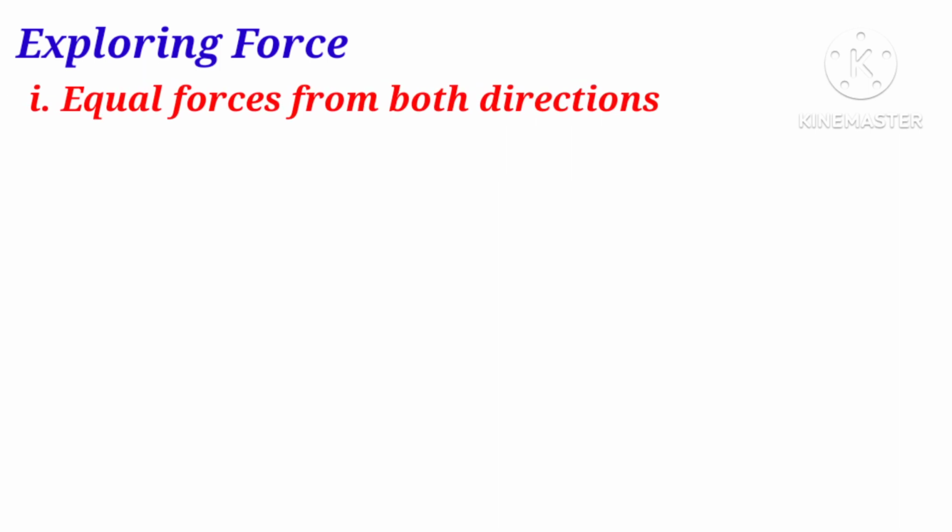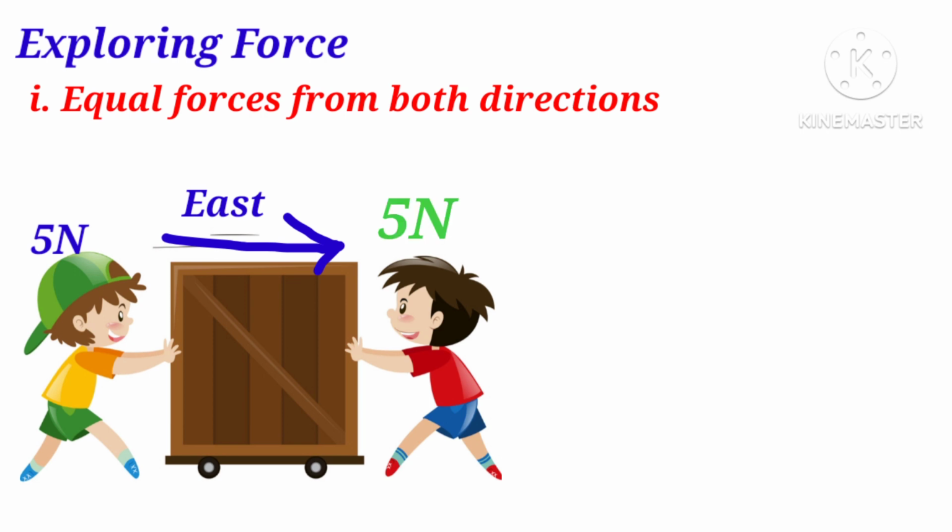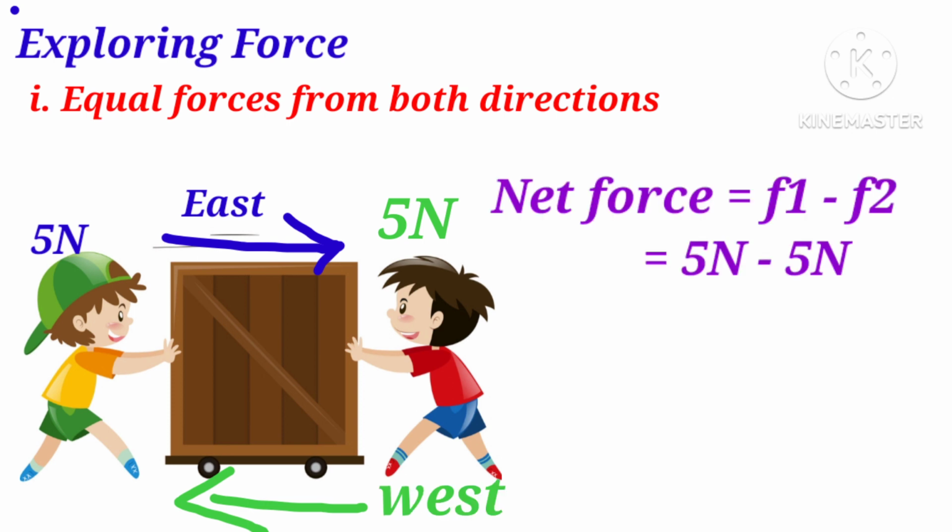Take an example that if person A is applying the force of 5 Newton towards the east and person B is applying the force of 5 Newton towards the west, then what will happen? 5 minus 5 Newton results in 0. Then the object will remain in its original position. It will not result in any movement.